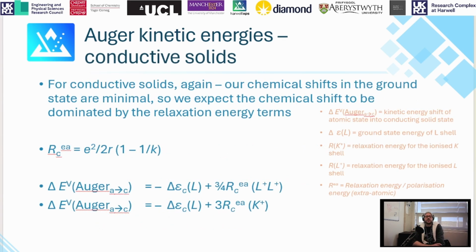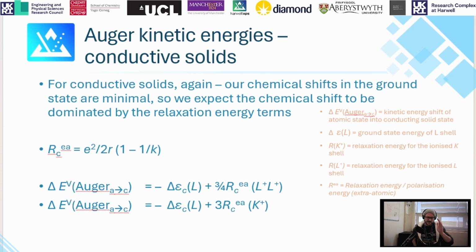So again, we're going to conductive solids, and again our chemical shifts for our initial state, our ground state, are going to be pretty minimal. So we are going to be dominated by the relaxation energy terms. Now, if we remember back to our relationship for the extra atomic relaxation energy in a conductive solid, you will recall that one of the terms involved was the charge on the ion.